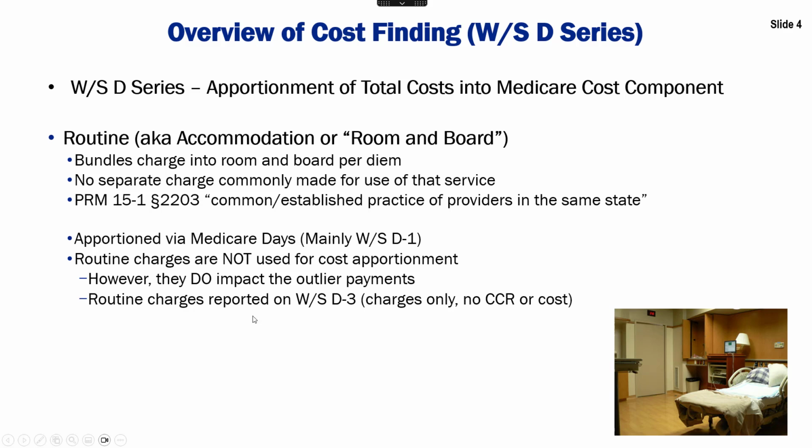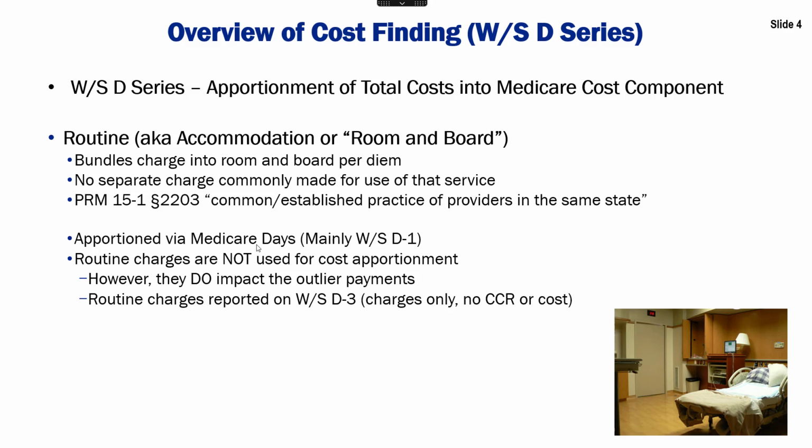Now, just to give you a simple explanation of how that works, and by the way, this is heavily oversimplified, there are some adjustments that come into play, but you take the total cost for that particular type of routine cost center. It might be your adults and peds, it might be an intensive care unit, it might be a coronary care unit.